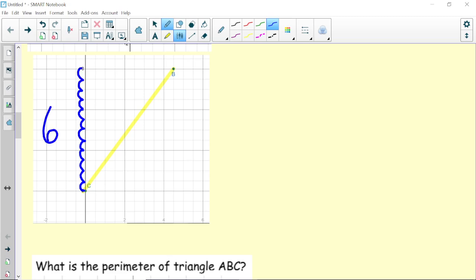So we're going up 6 total because each box is counting by 0.5. And then going across to the right, again, counting by 0.5 for each little box here. 0.5, 1, 1.5, 2, 2.5, 3, 3.5, 4, 4.5.